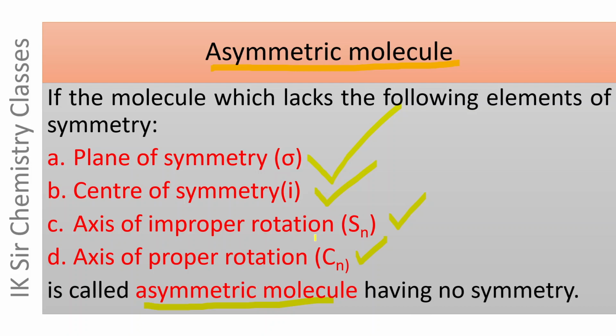The molecule which does not contain sigma, i, Sn and Cn is called an asymmetric molecule, which means having no symmetry. A means no, D means devoid.